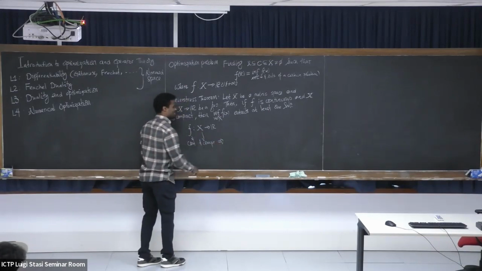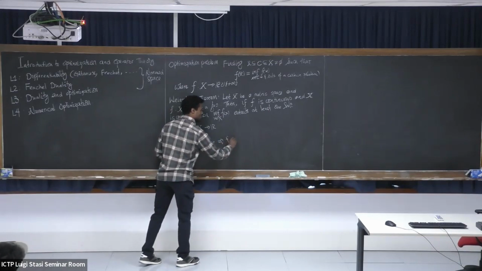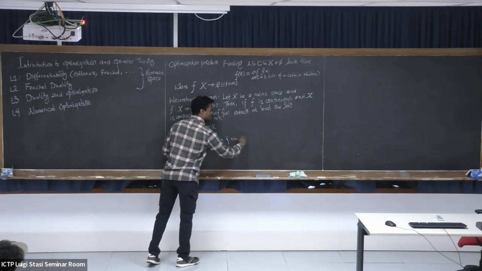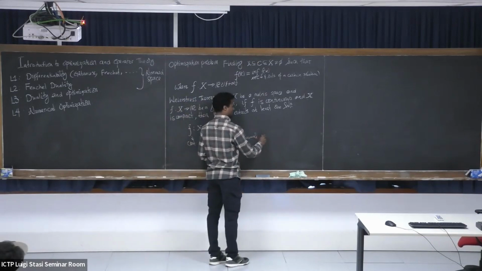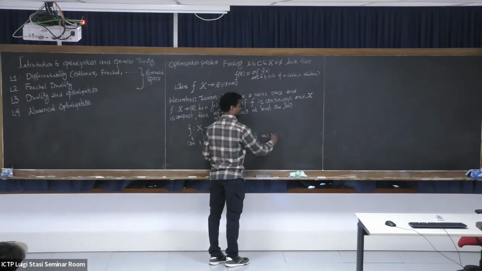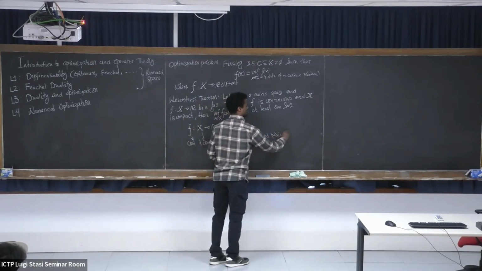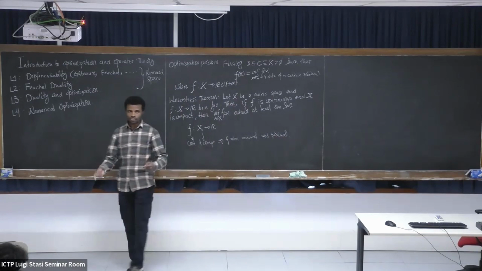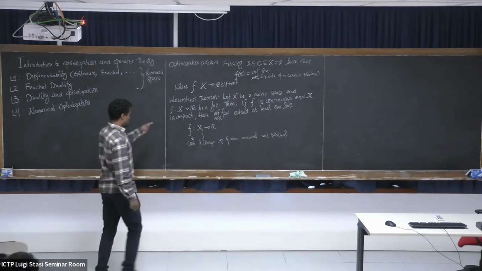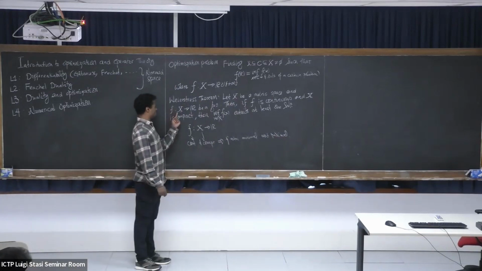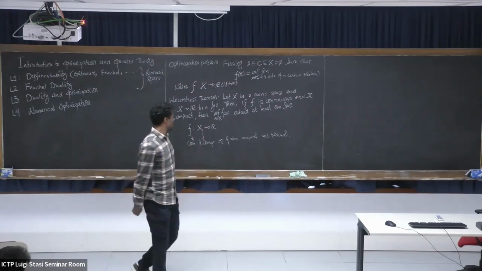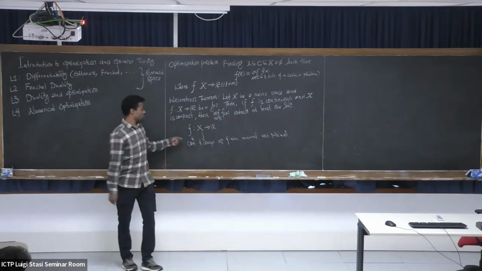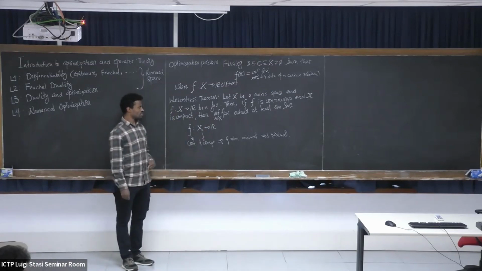This implies that f admits not only a minimal but also a maximal value, because the image of a compact set under a continuous mapping is compact, so it attains the minimum value and maximum value.